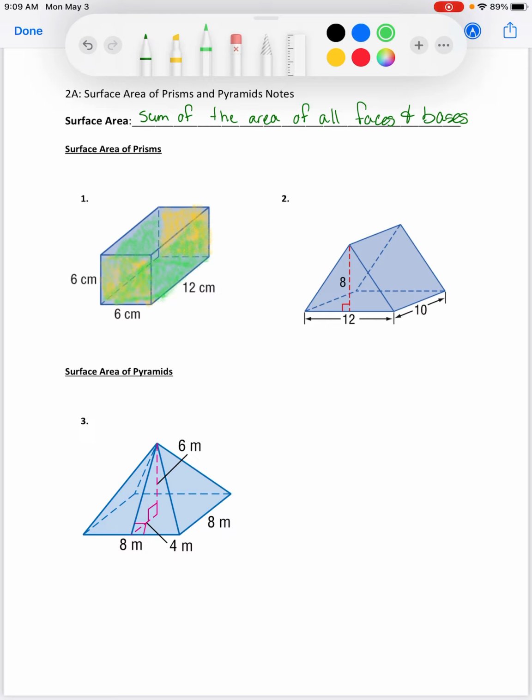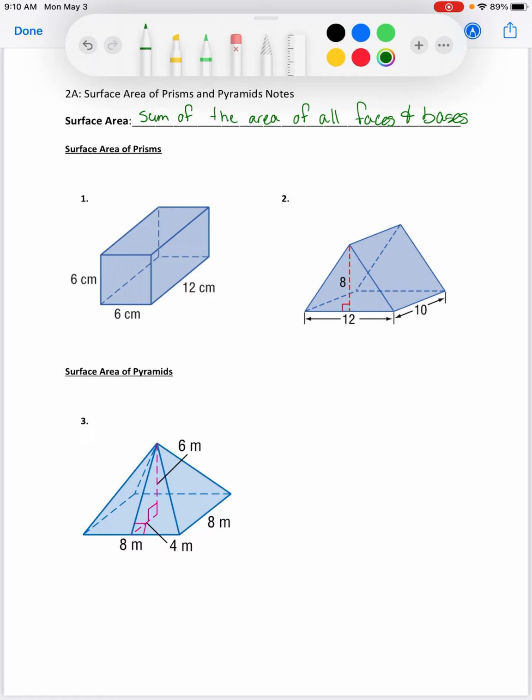So we have 4 identical rectangles that I've highlighted in green, and we have 2 squares that have been highlighted in yellow. What I want to do first is knock out those 2 yellow squares. I don't really have a rhyme or reason for that. It's just my own personal preference.